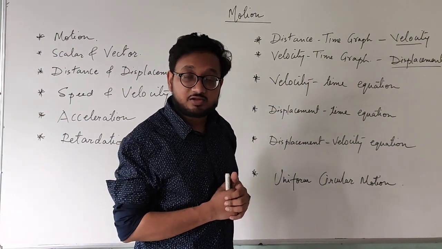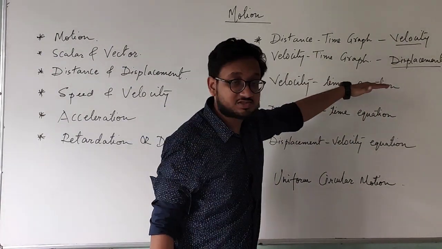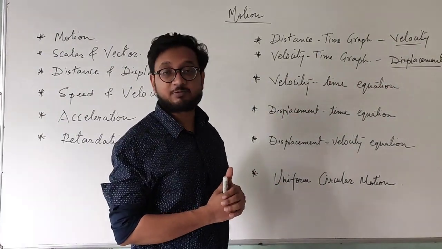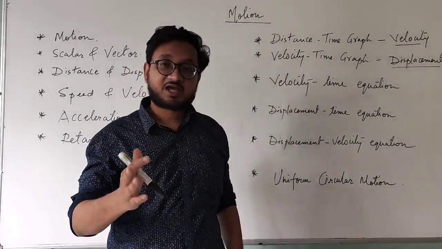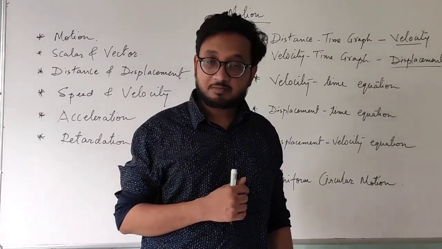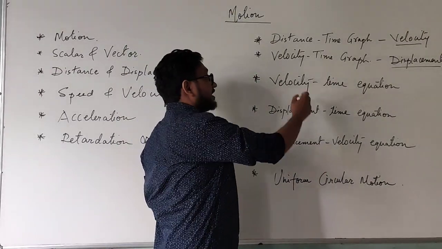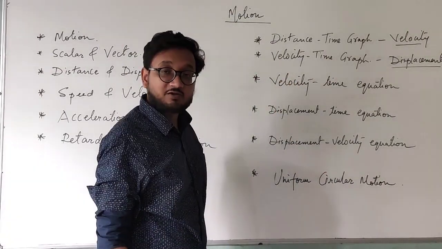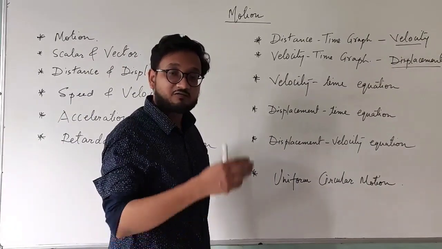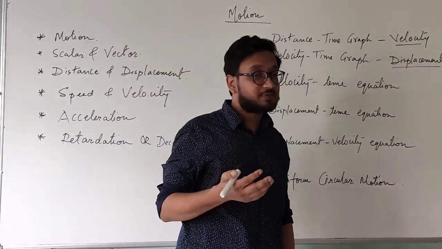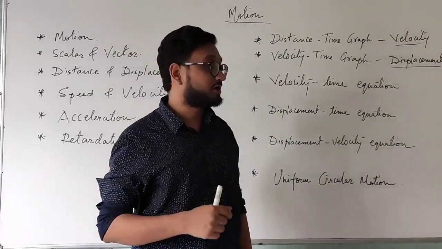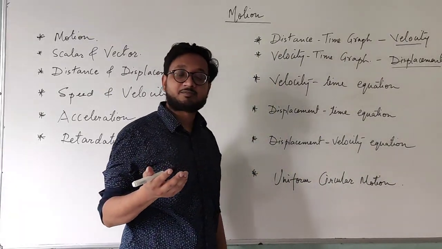In uniform motion, the velocity remains constant. So in the velocity time graph, if it is a straight line parallel to x-axis, then it is uniform motion. Okay? And by finding the area of the enclosed figure between any 2 points, you can find the distance or displacement covered within those 2 points, finding the simple area.